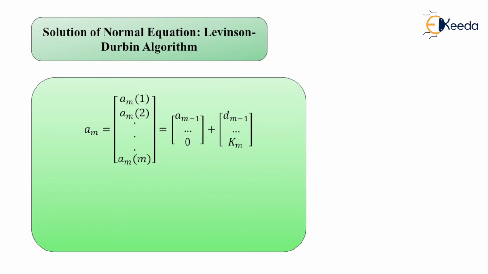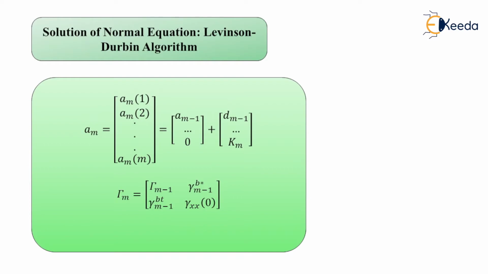So here the prediction coefficient denoted by a suffix m minus 1 is basically for the concerned order of the predictor. Now let us have the partitioning of the m by m autocorrelation matrix, which we have denoted by capital gamma suffix xx. So here capital gamma suffix m is equal to the matrix: the first row is capital gamma suffix m minus 1 and small gamma suffix m minus 1 to the power b conjugate.